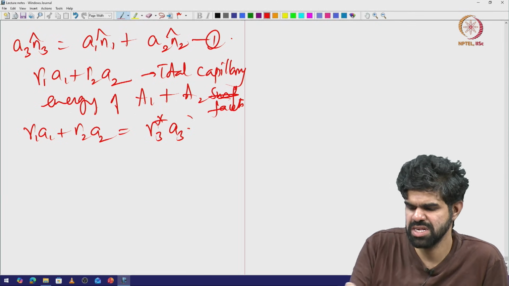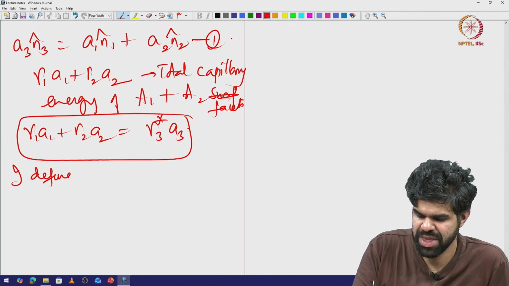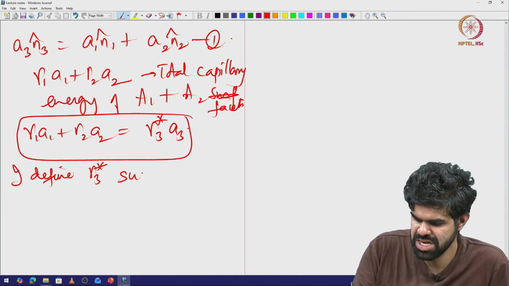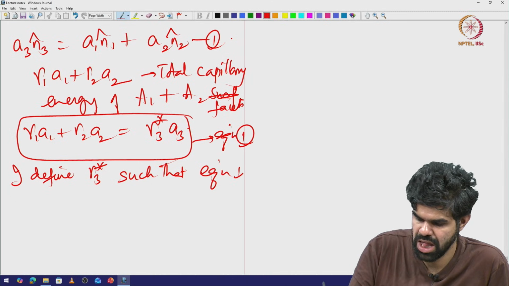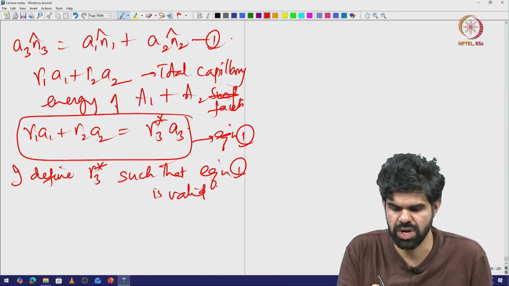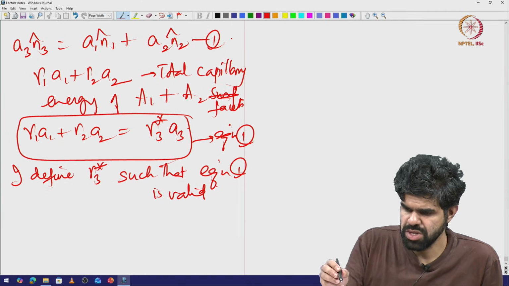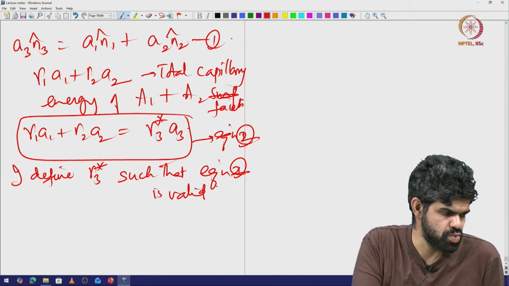This is something that I have defined: I define a gamma 3 star such that equation 2 is valid. So, this is equation 2.